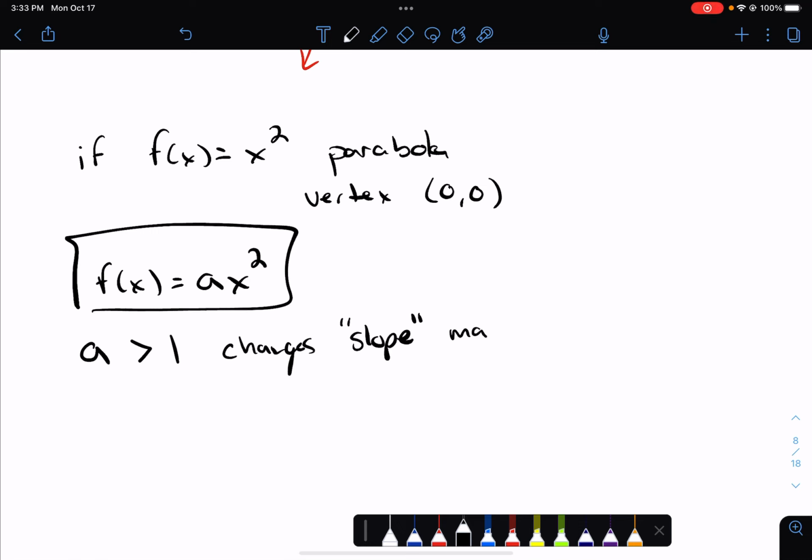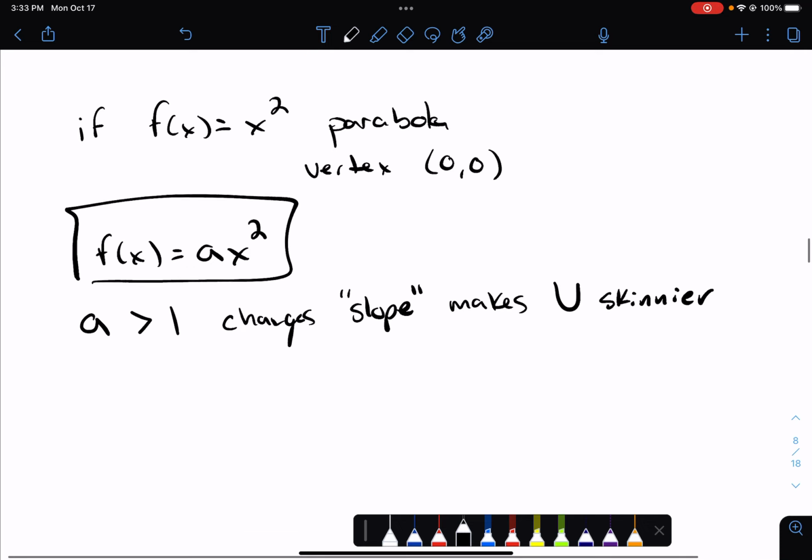It makes my parabola, my U shape, skinnier. I think that's a good way to word it. It changes the slope. It makes my U a skinnier U. And I'm going to show you how to actually find those numbers in a minute.